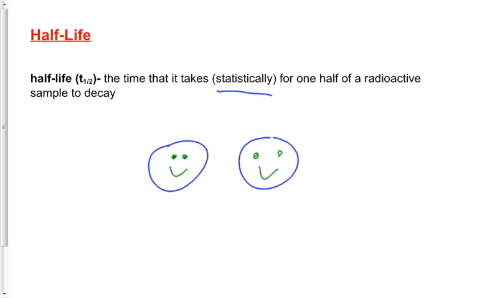In other words, you get two radioactive elements, you flip them both. After you flip them both, they're still radioactive. Or maybe you flip them both and neither one of them is heads. Neither one of them is radioactive. When you're dealing with a small sample size with coins, it's difficult to make predictions as to what's going to happen. When you're dealing with a small sample size for nuclear elements, it's difficult to predict exactly what's going to happen.